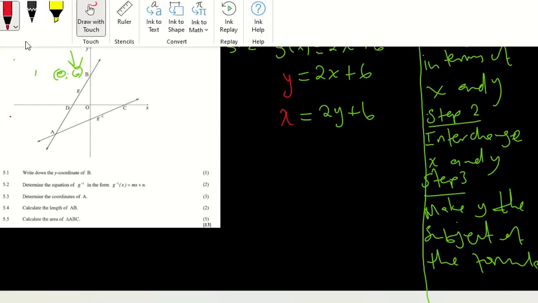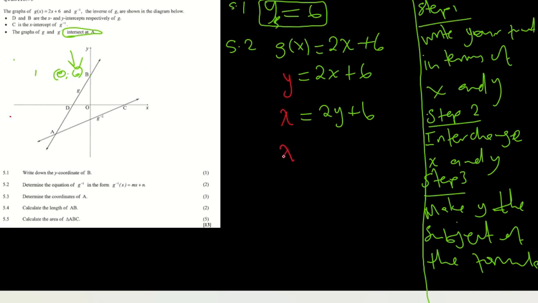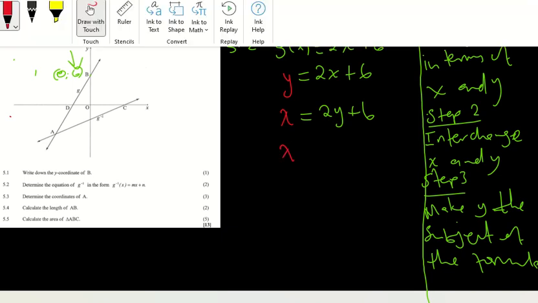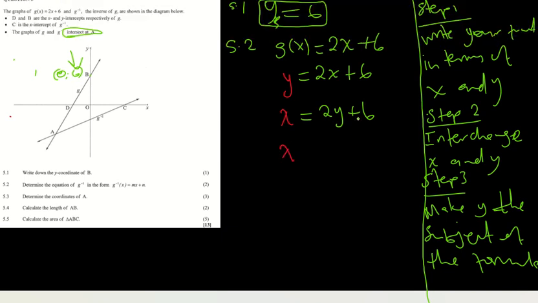Then let me rewrite my x here, x in red. Because I'm trying to make y the subject of the formula, allow me to take this 6 to the other side. So I'll have x minus 6 equal to 2y, right? Then because I have this 2 here, I need to divide by 2 on both sides.